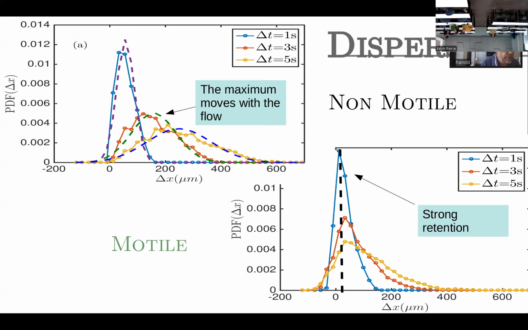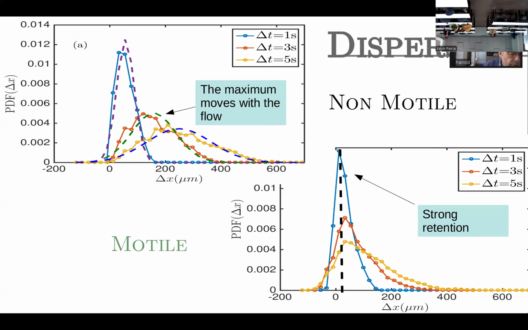That's what you can see on the top figure. The distribution is shown in blue, red, and yellow, and the difference between the three is the time that we left the bacteria moving in the flow.